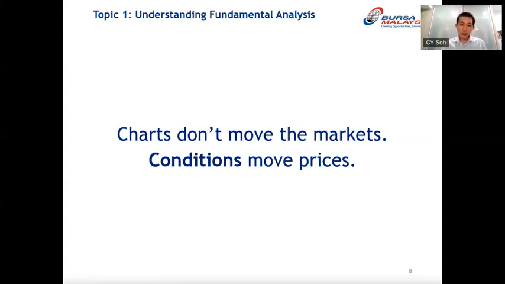So when you look at charts, what information can you get? For those of you who are quite familiar with charting, the information you can get from charts is just a few things: opening price, high, low, as well as closing price. Maybe you can get volume or even open interest if you're trading futures. Charts are just pictures.